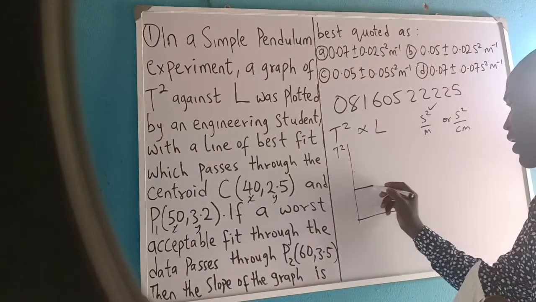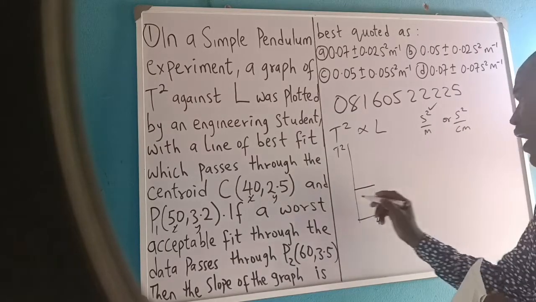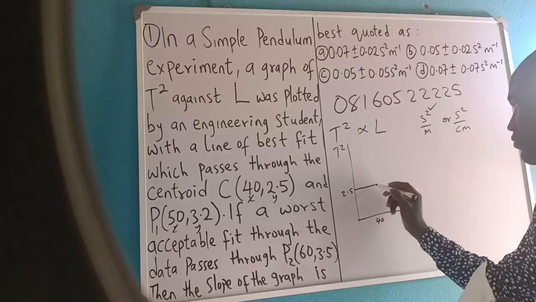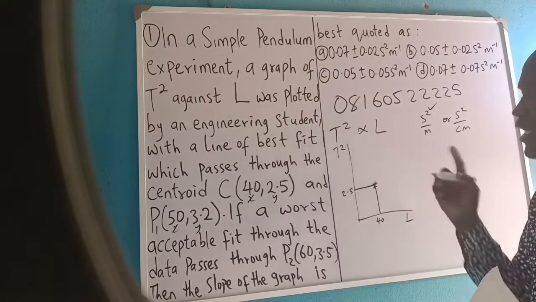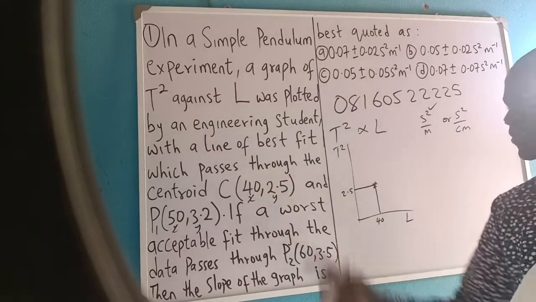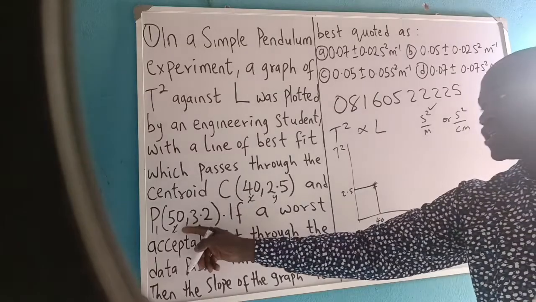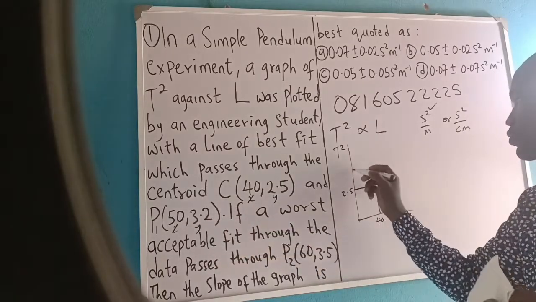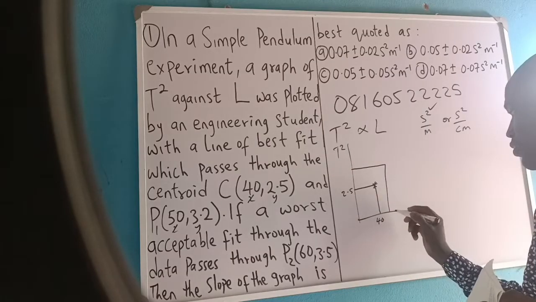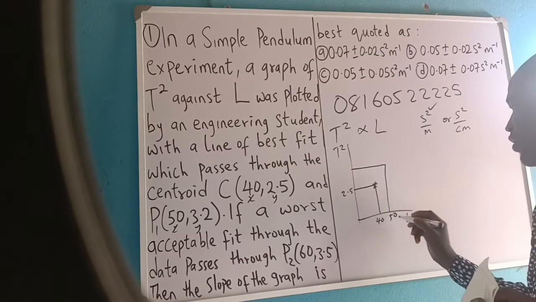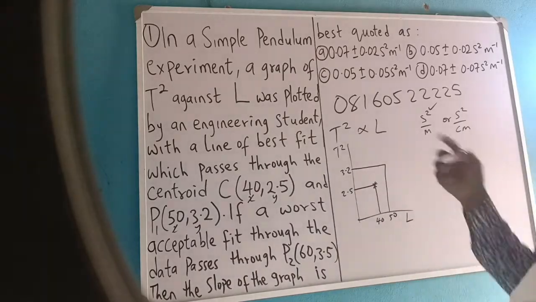Let's say here is 40 and here is 2.5. That is your point C, your centroid. The intersection of x and y gives you a point. Then this one, 53.2. This is 50 and this is 3.2. I'm just giving you a sketch of what we are talking about.